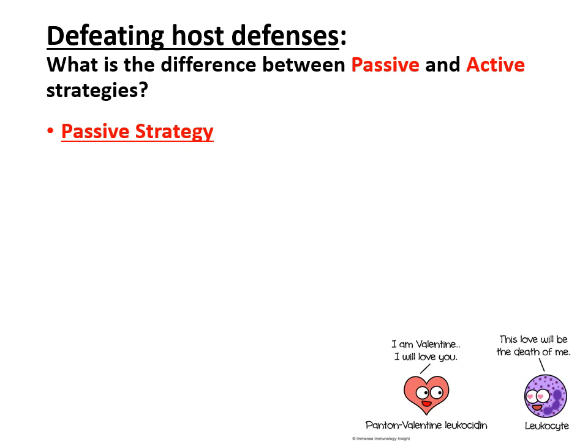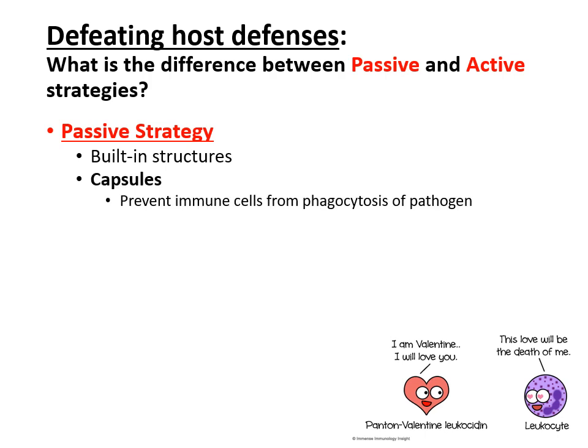They already have it. So passive would be built-in structures on the bacteria to protect them, such as capsules, which can physically block what you're throwing at it, or help prevent any of your immune system cells from eating them up, which is phagocytosis.